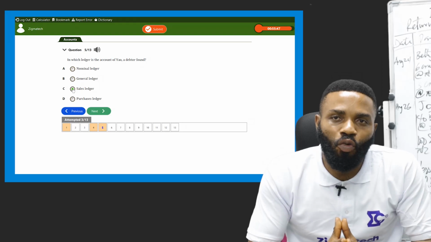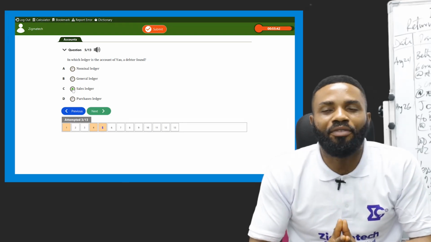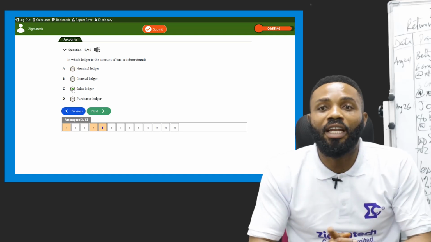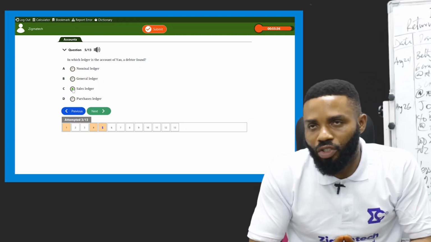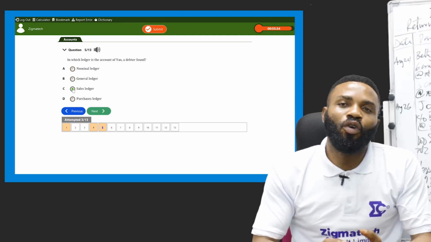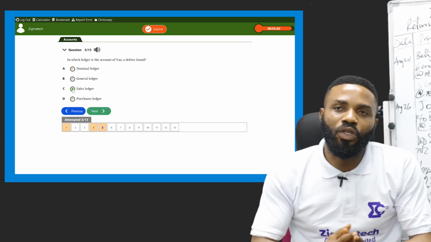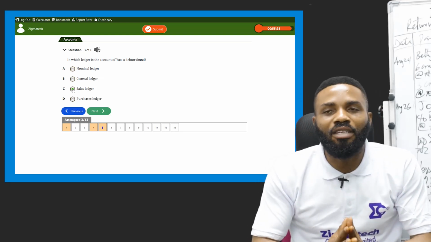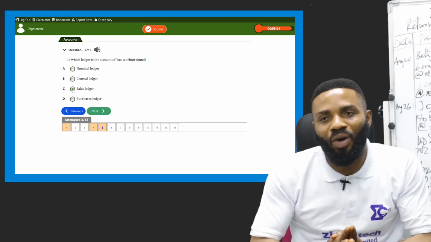The first thing we have done, we have defined the subject matter, the return invoice day book. We said it is used to record goods returned by our customers, and they can also call it sales return journals. We call it sales return journals because it will affect our sales.